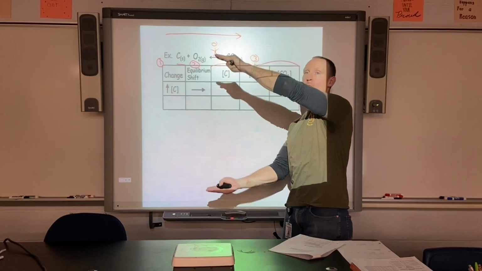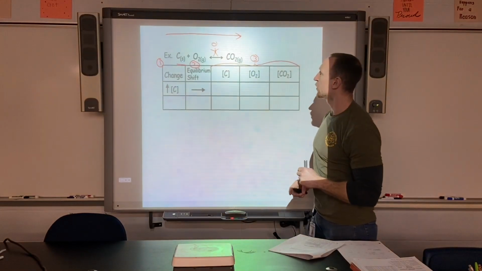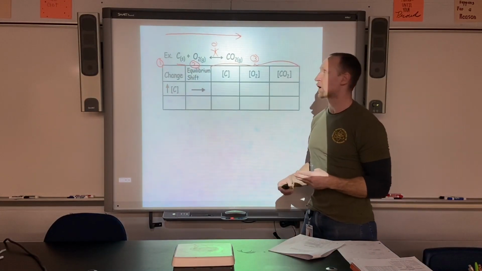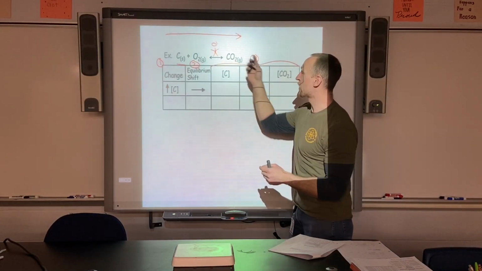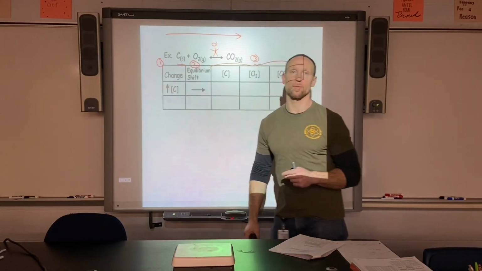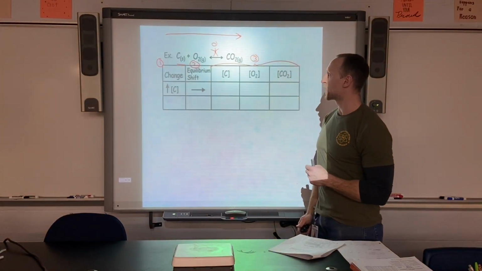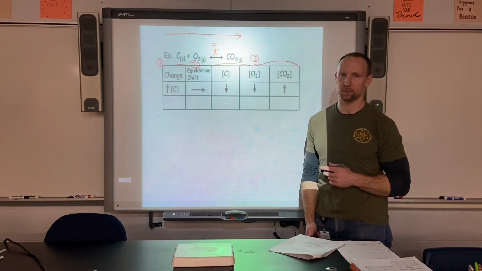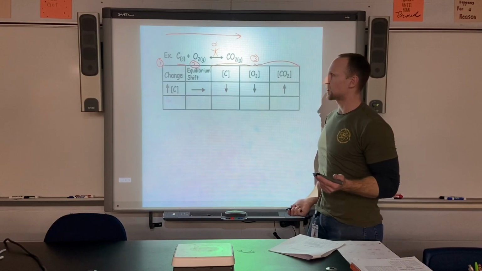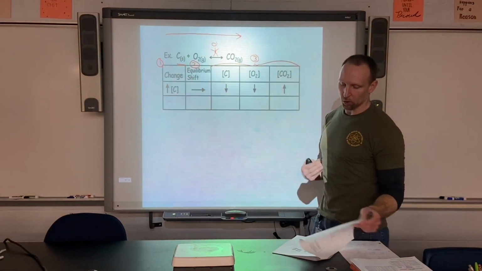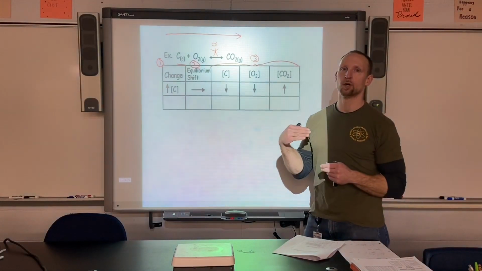And if you're driving away from something, it appears to be getting smaller. So think of that here. If I'm shifting right, whatever you're going towards gets bigger, and whatever you're going away from gets smaller. So carbon and oxygen are going to decrease, and CO2 is going to increase. Okay? That's it.